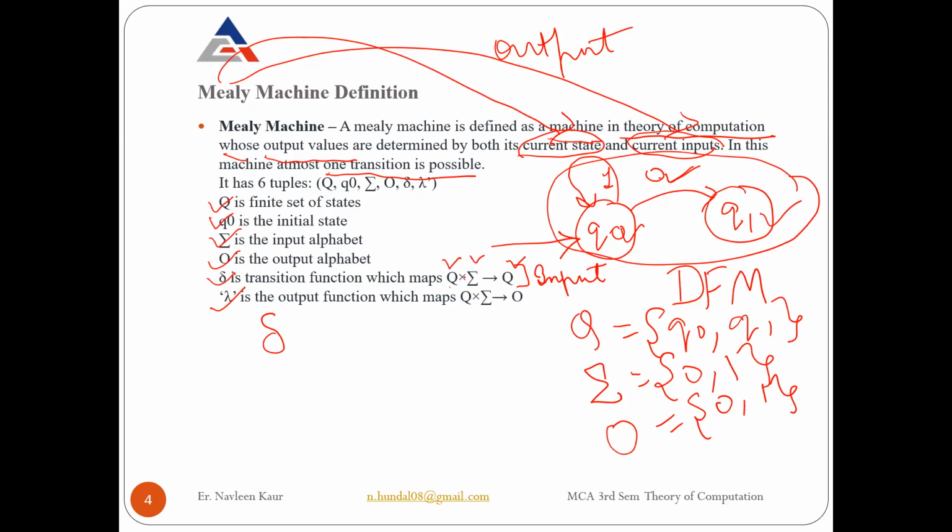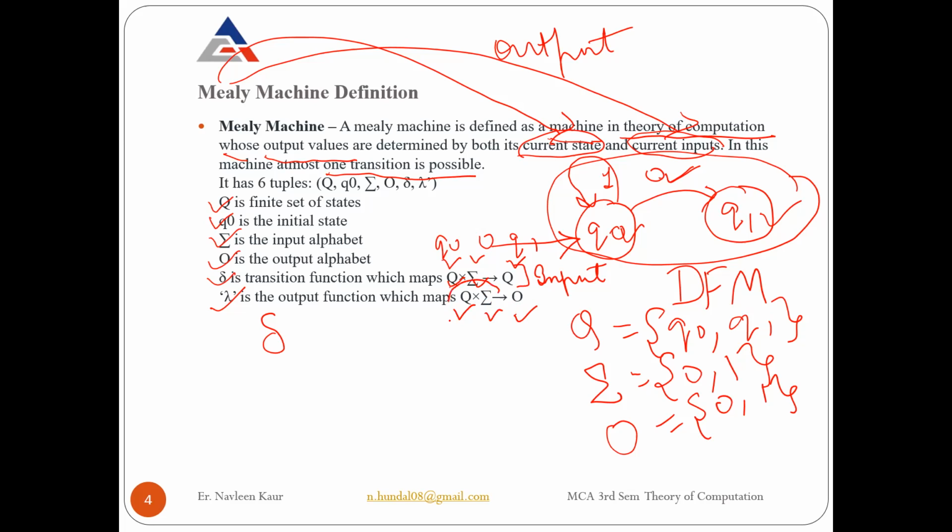For example, if your state is Q0, it means you are here and you give it 0 as input. What is going to be your next state? It will be Q1. It is determining what your next state will be on the basis of your current state and what input you give to it. Then lambda is the output function, how output is mapped. For the current state, if you give it current input, what will be the output?